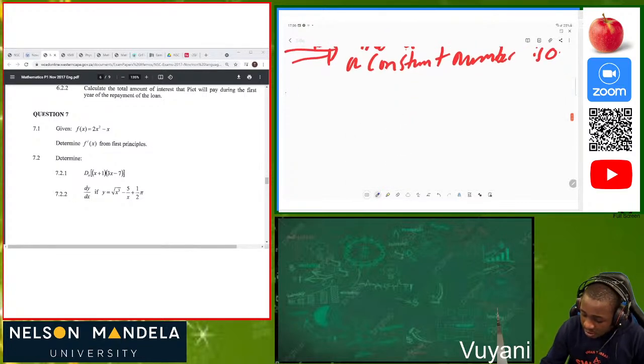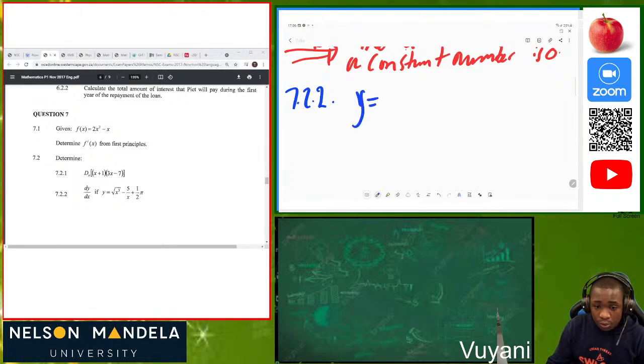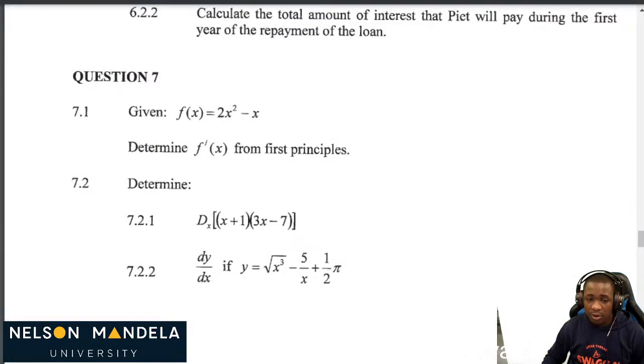Then now let's move to 7.2.2. We are given y equal to the square root of x cubed, minus 5 over x, plus 1 over 2 pi.